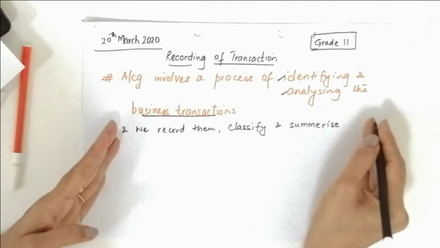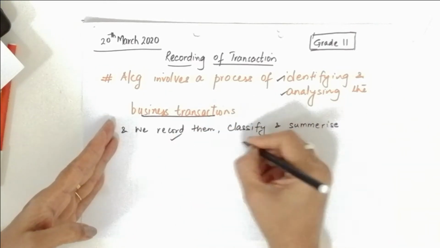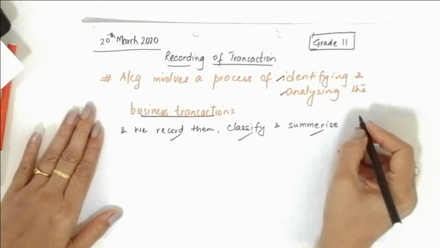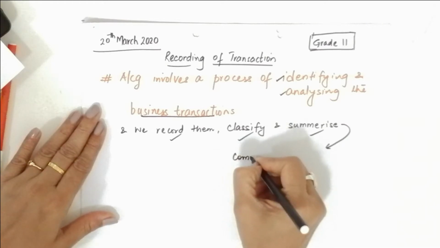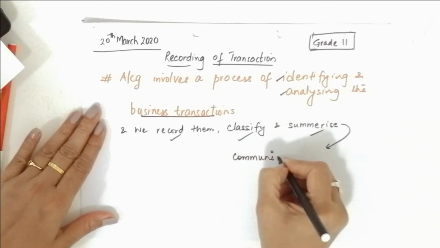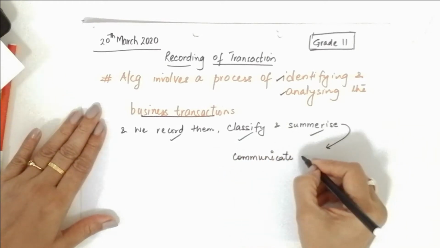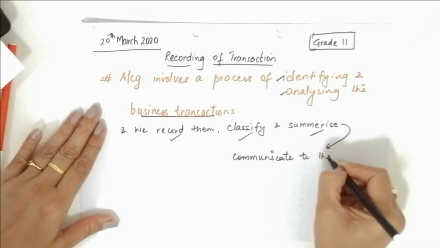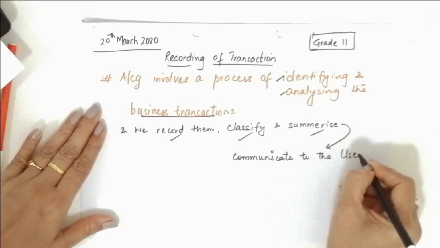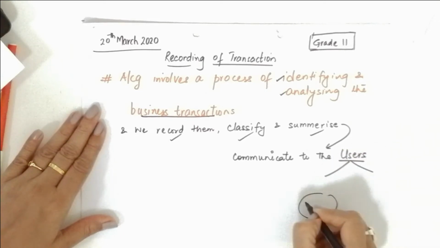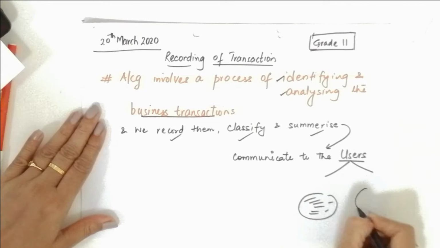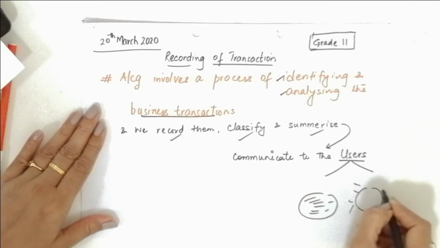We summarize all these business transactions. We record, we classify, we summarize, and then we communicate to the users. Again, we say users are internal, which are inside the company, and external, outside the company.